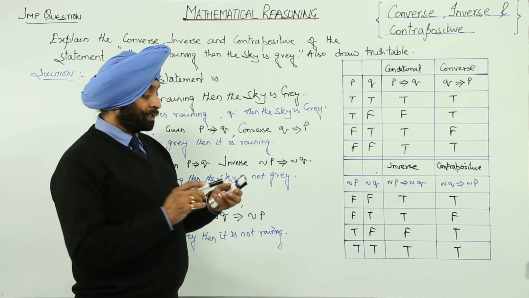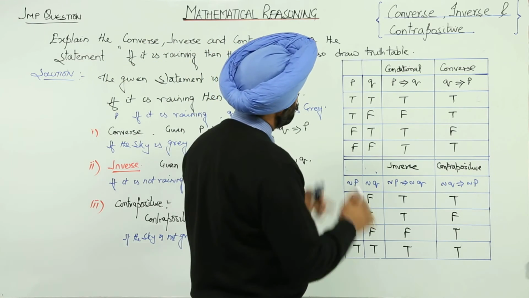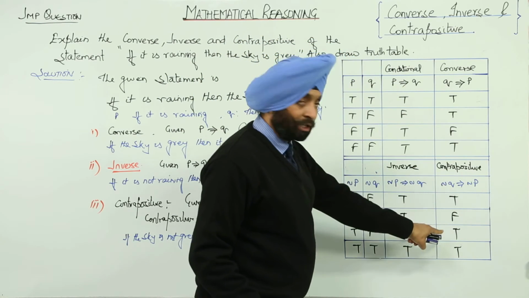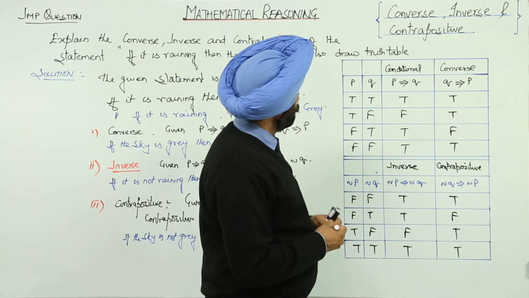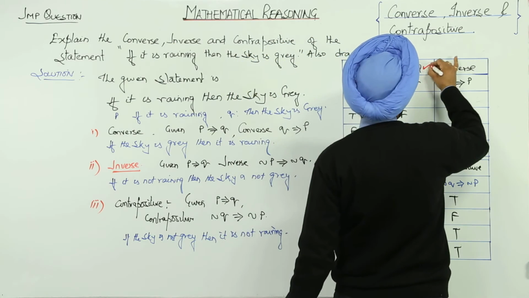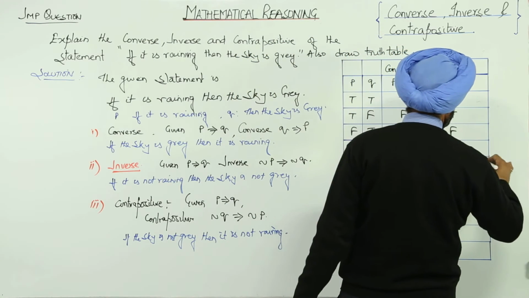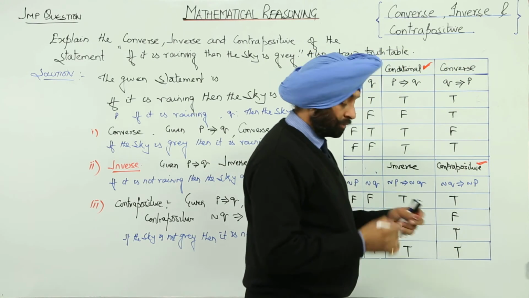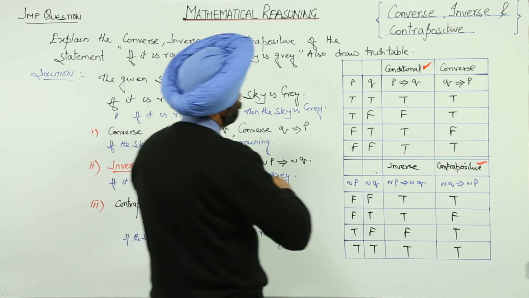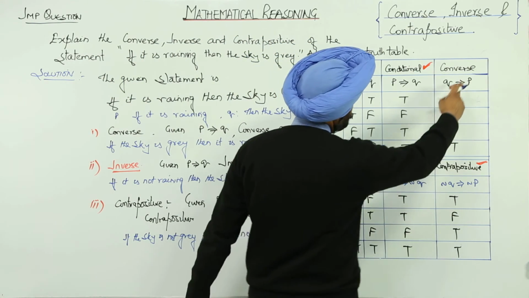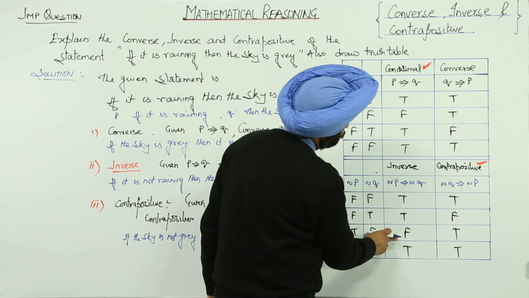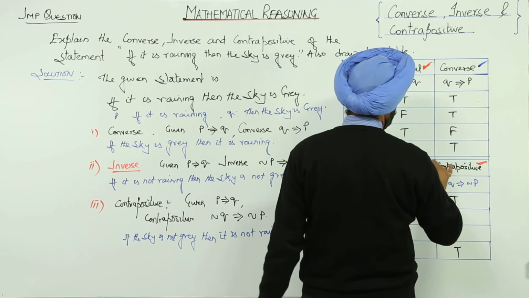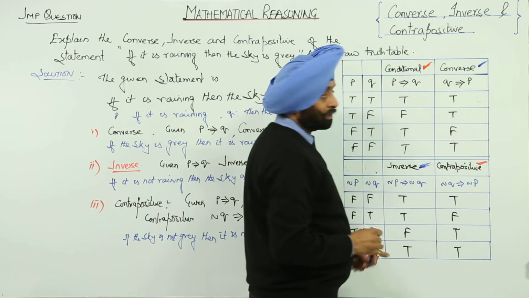Now what interesting thing is there? You can just check it that conditional and contrapositive they are equal. This part is equal to this part. TFTT, TFTT. Okay. And converse and inverse they are equal.